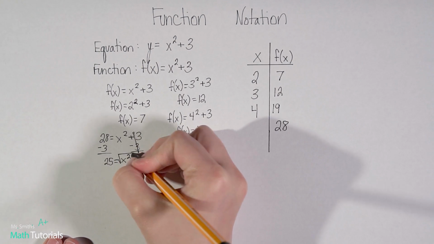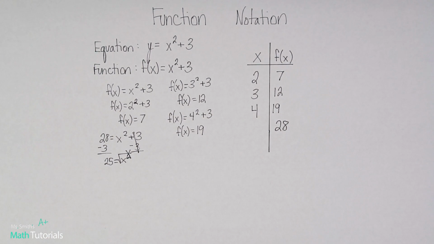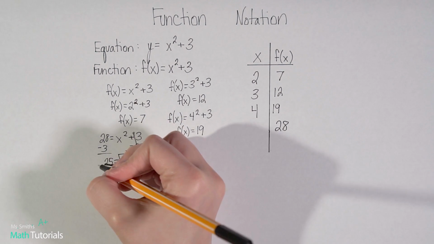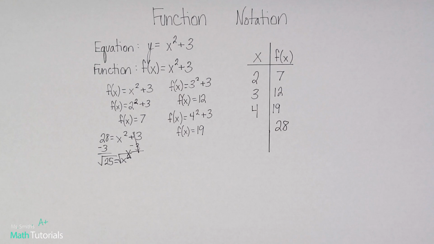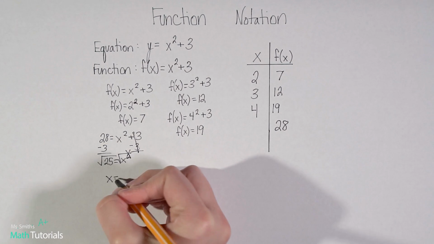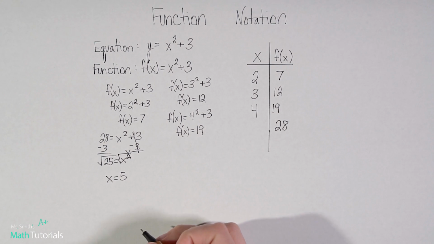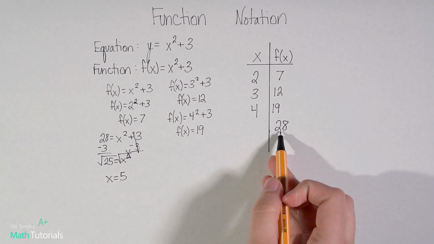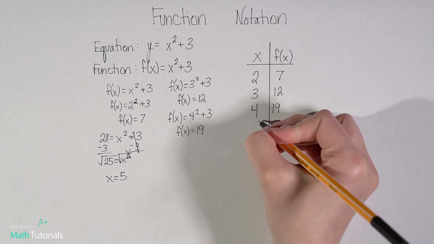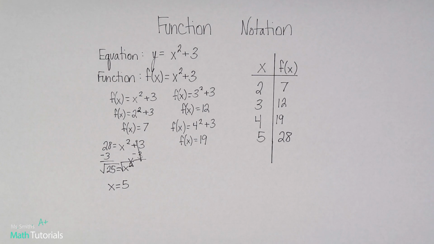You can undo a square by taking the square root of something. That completely gets rid of that little square too. And if you do that to one side, you have to do that to the other. So what is the square root of 25? It would be 5. So x equals 5. So if f of x is 28, what is x? It's 5.